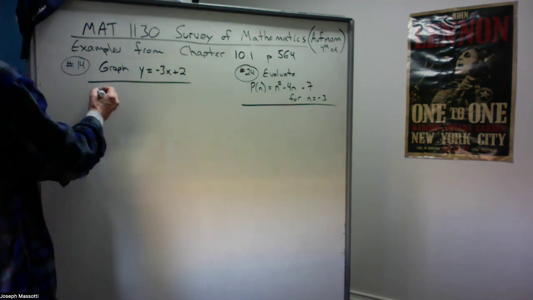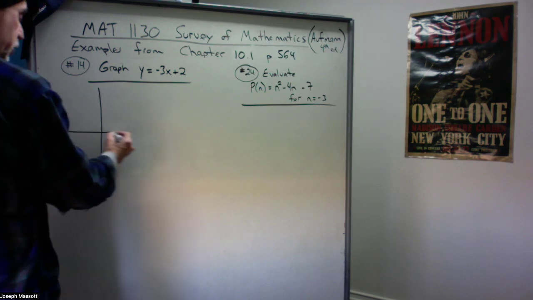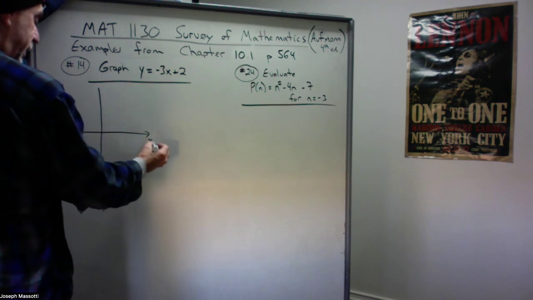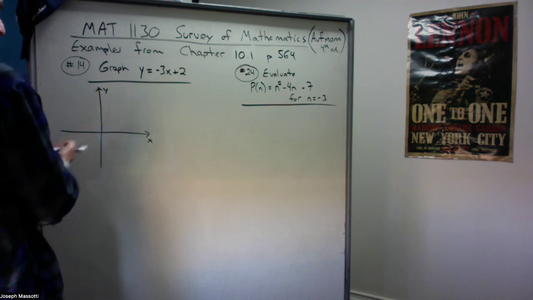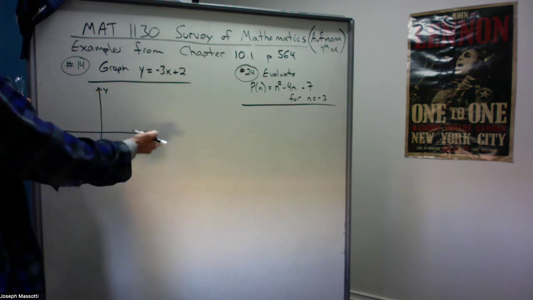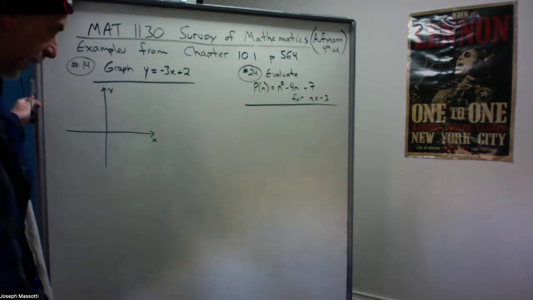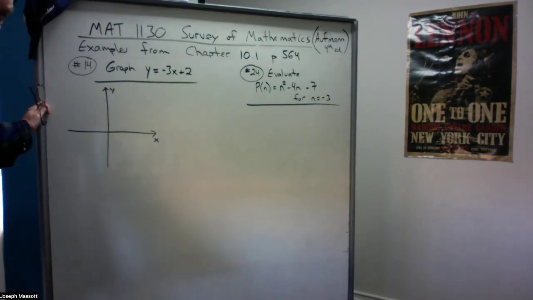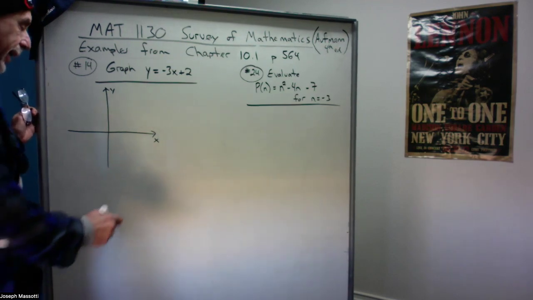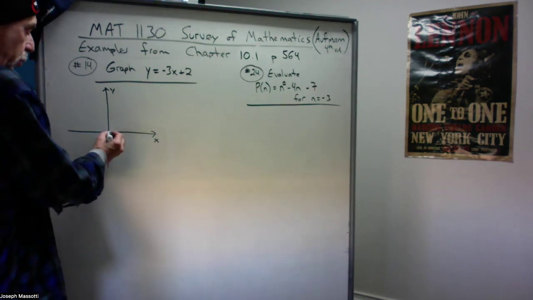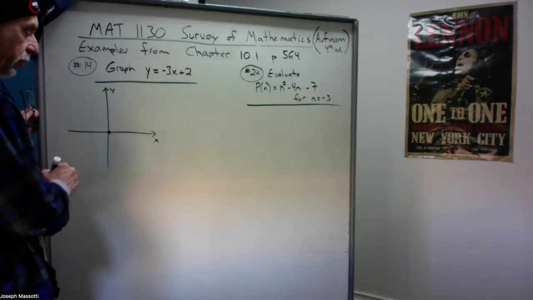So we have a graph. This is called the Cartesian coordinate system, where you have the x-axis on the horizontal. It doesn't have to be x and y. It can be any letters, but generally we use x's and y's to begin. The point where they cross is 0, 0.